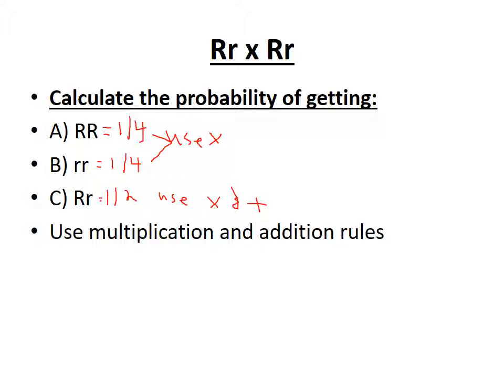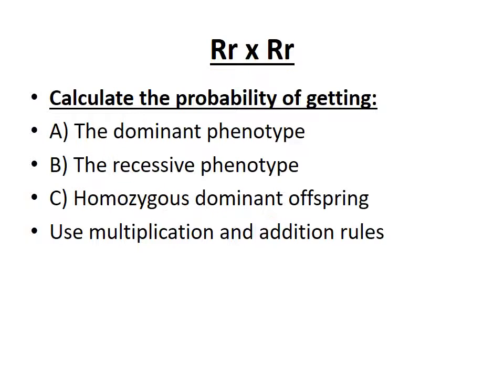So I've included your answers plus what rule you're using, multiplication rule for those two, and then the multiplication and addition rule for these ones since it's a heterozygous cross. Here it's a similar question, just asked in different ways. I'll put the answers, but you should be able to attempt it and compare to my answers.